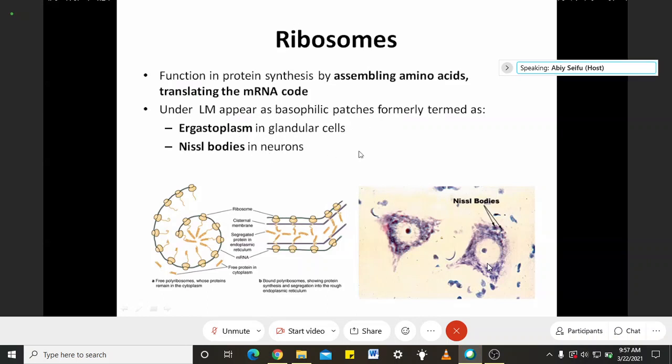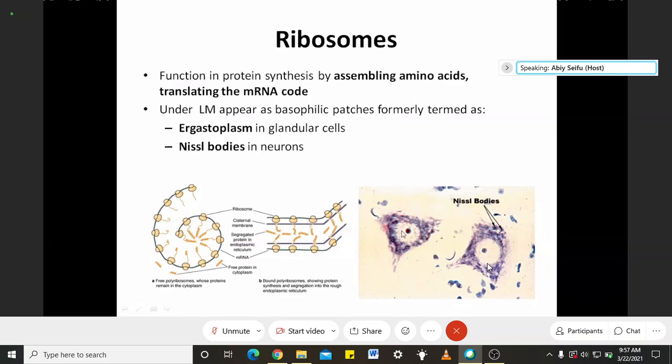The same is true for glandular cells. Even before it was discovered that these are rough endoplasmic reticulum, they were named ergastoplasm. So ergastoplasm are granulated bodies identified in many secretory cells, glandular cells, as coarse granules, but later these also were discovered to be rough endoplasmic reticulum, nothing but the polyribosomes attached to endoplasmic reticulum.